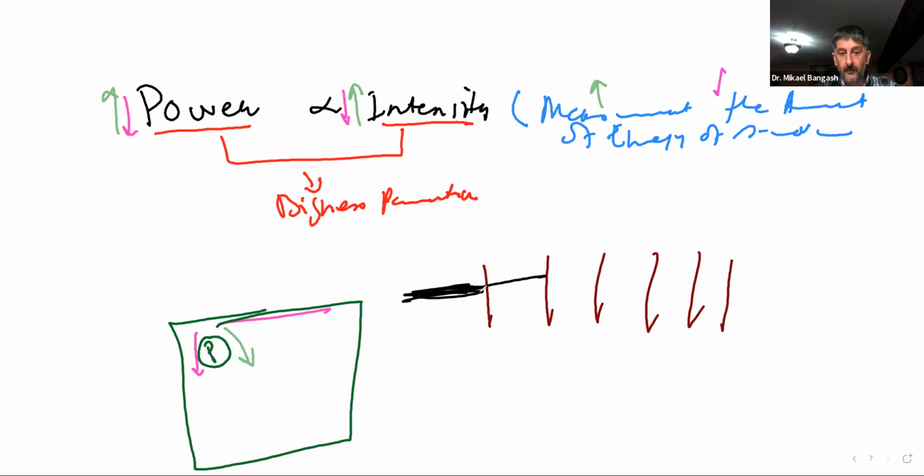They will become weaker and weaker. Or actually, they will decrease.